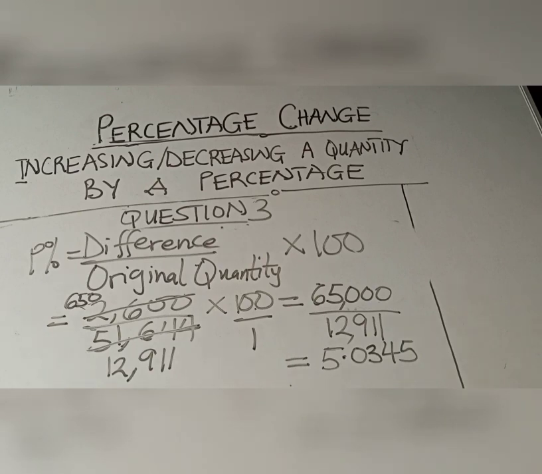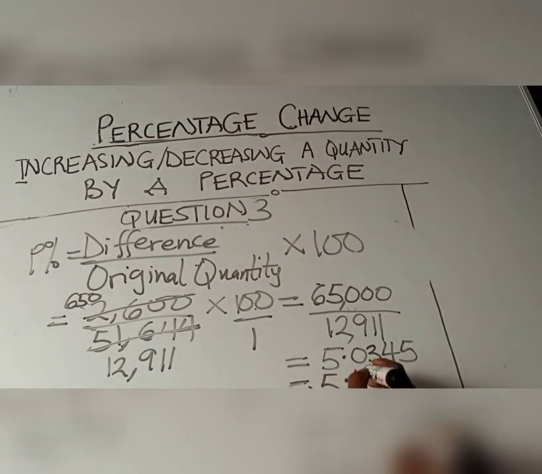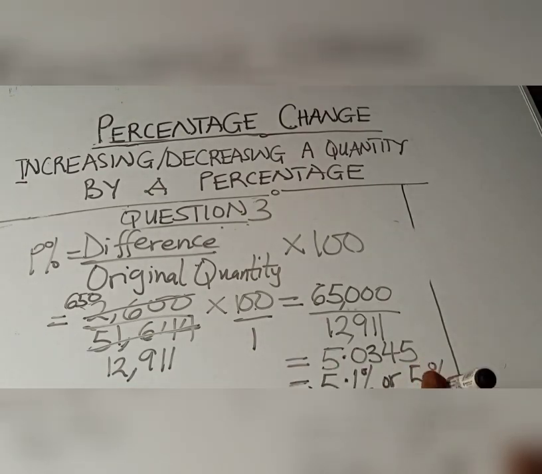I want to correct it to one decimal place. You can also correct it to the nearest whole number. The nearest whole number is going to be 5%. To one decimal place, you are going to have 5.0%. If it's the nearest whole number, you're going to have 5%.